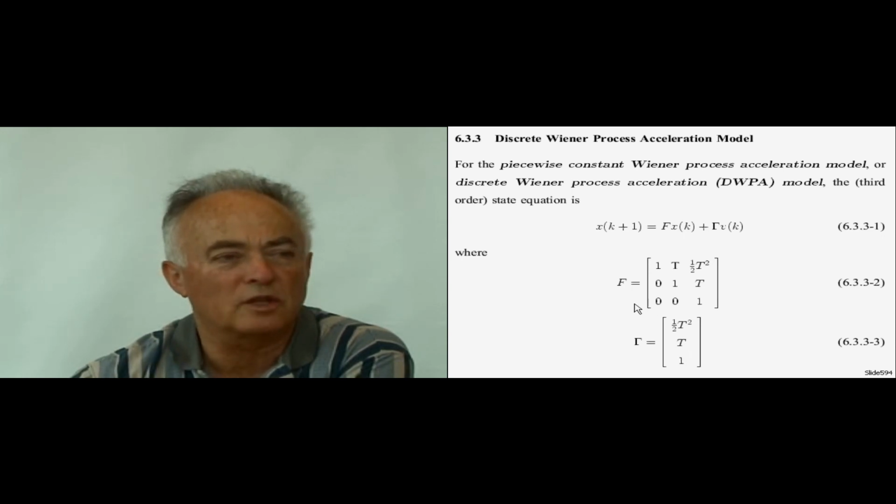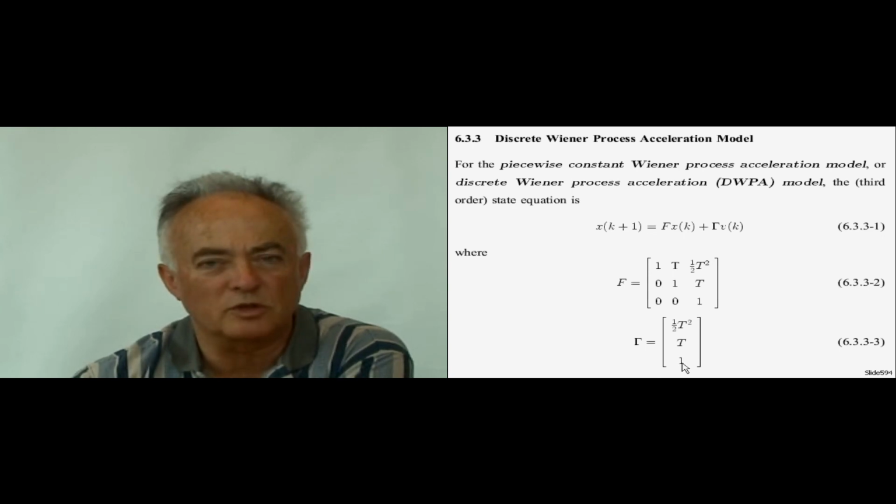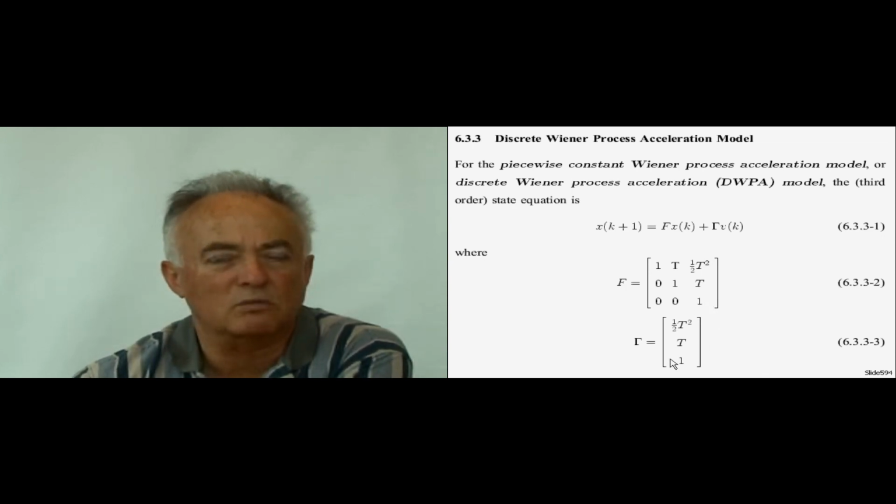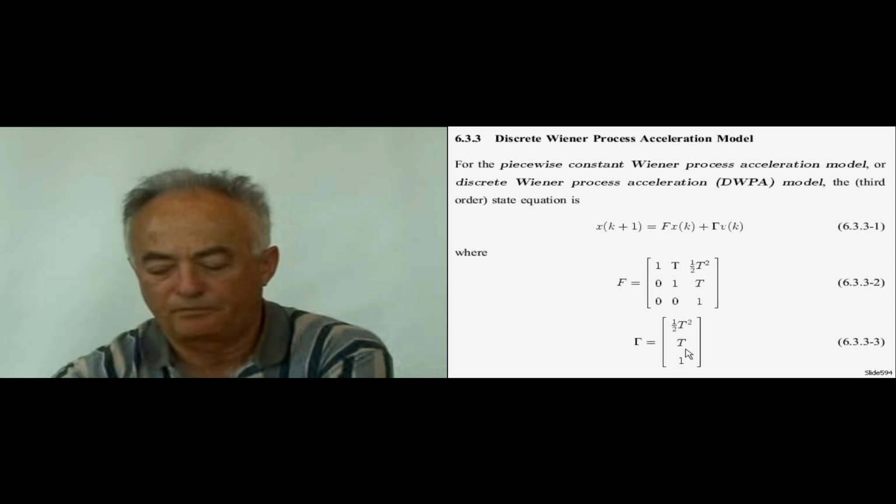You look at this equation: the acceleration, the third component of x at time k+1, is the acceleration at the previous time k plus the process noise. So the process noise physical dimension in this setup is still acceleration, but it is the acceleration increment over a sampling interval.